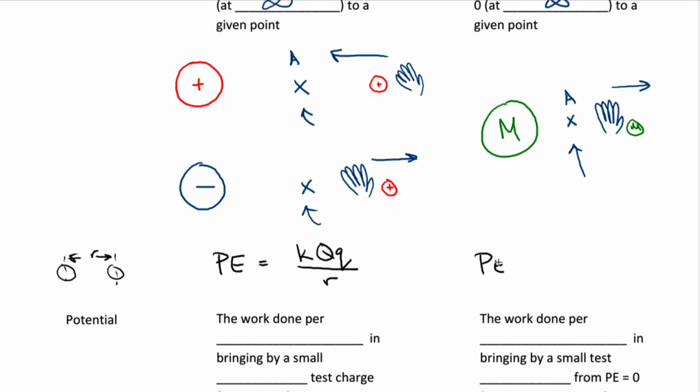In the gravitational case, the potential energy has a similar sort of form. It's G, our constant. Instead of Coulomb's constant, we use the gravitational constant times the product of the two masses divided by R. But there's a negative in front because it's always going to be negative potential energy, whereas the potential energy in the electric case can be positive as up here or negative as down here, and that's going to depend on the relative signs of the two charges.